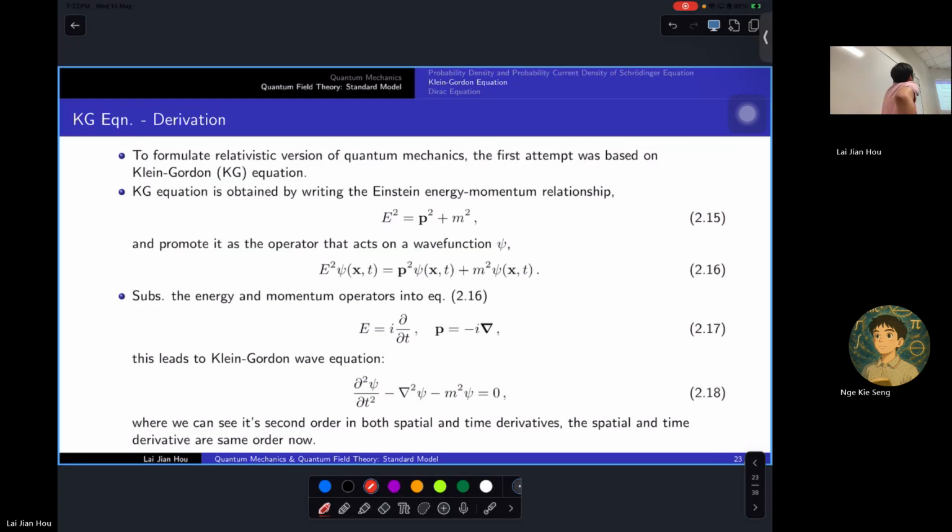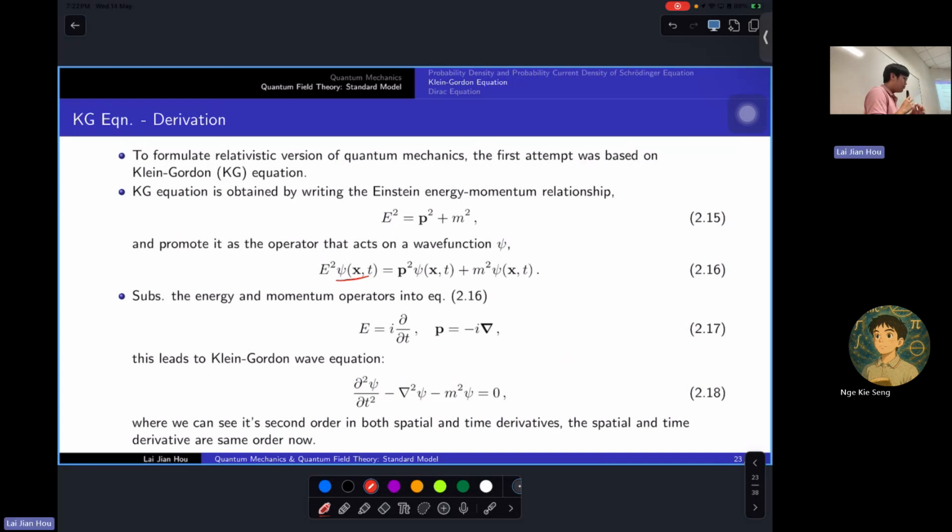To correct it, one of the approaches is the Klein-Gordon equation. It starts by writing down the Einstein energy-momentum relationship, where we also assume c is equal to 1, and we promote the energy terms, the square here, into operators, acting on the wave function that describes a single particle system.